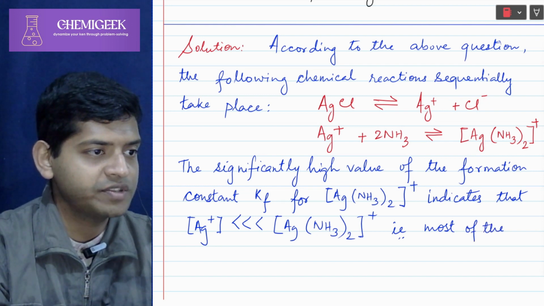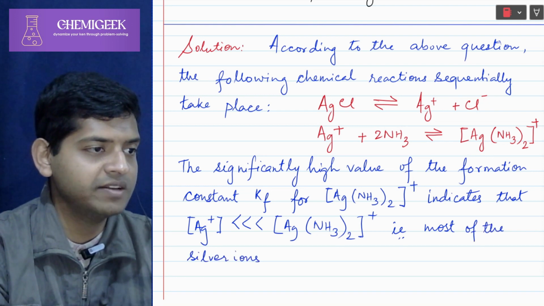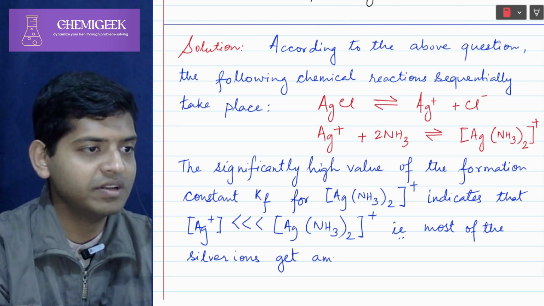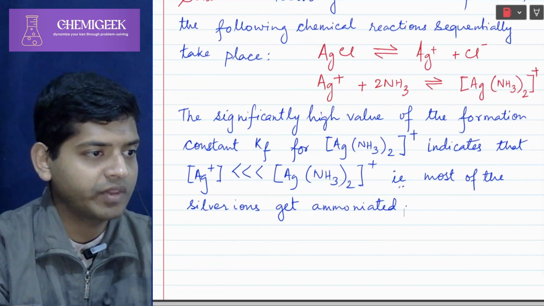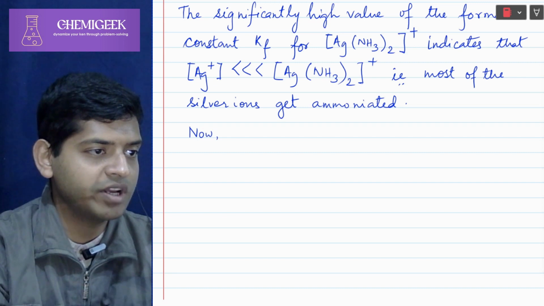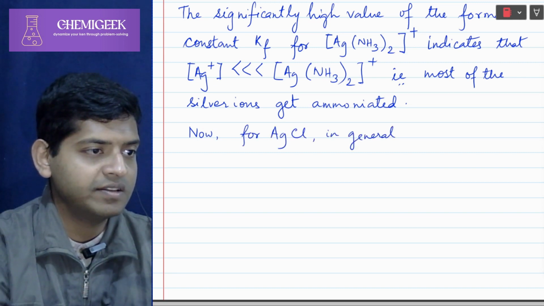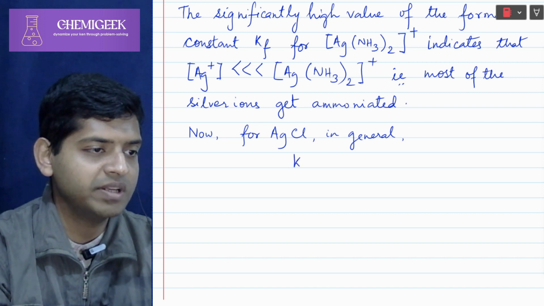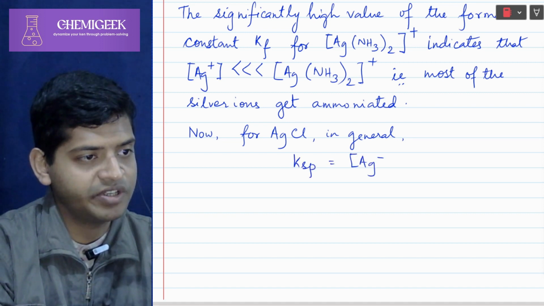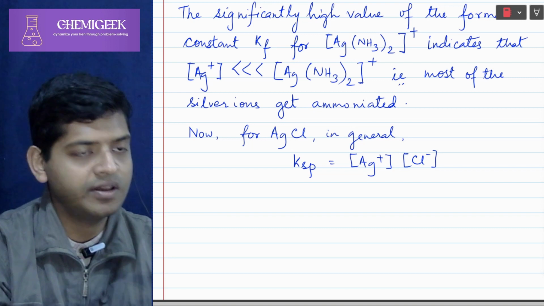Now for silver chloride, in general, the solubility product is given by the concentration of silver ion multiplied by the concentration of the chloride ion.